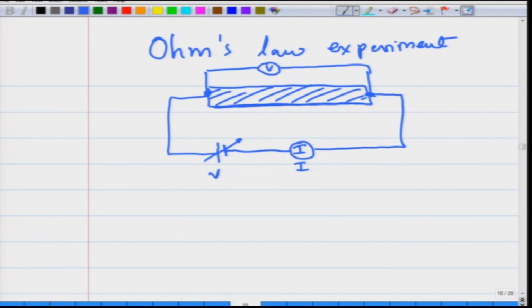As you apply the voltage to the metal, how does the current through the metal change?